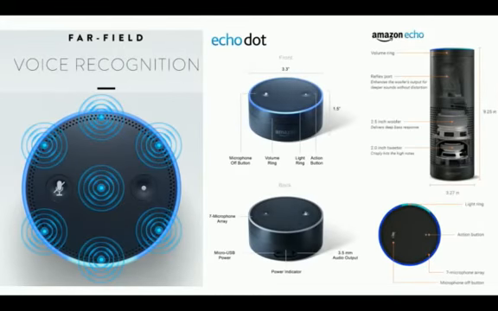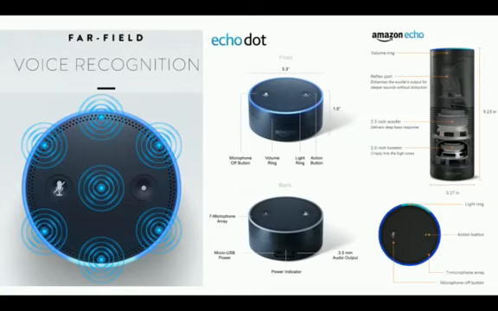We have a couple that are far field, so the Echo Dot and the Echo. Both of them you can interact with by just saying the words Alexa, Echo, or Amazon, depending on how you have them configured.